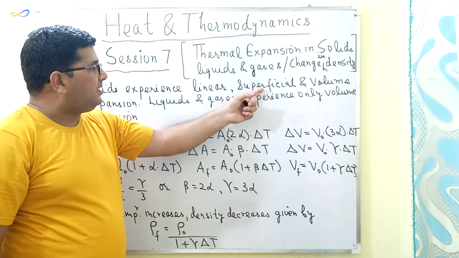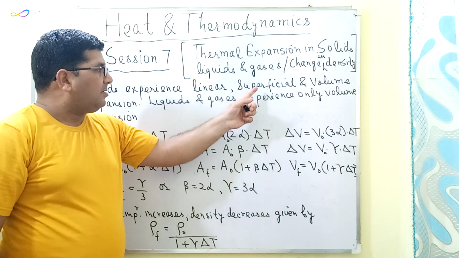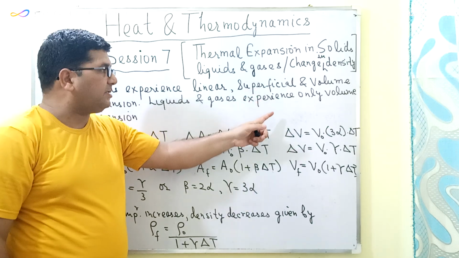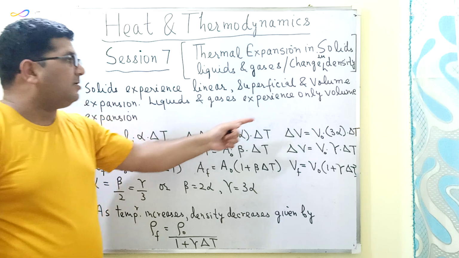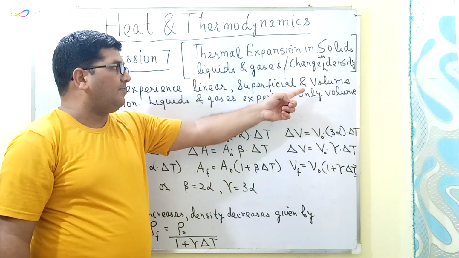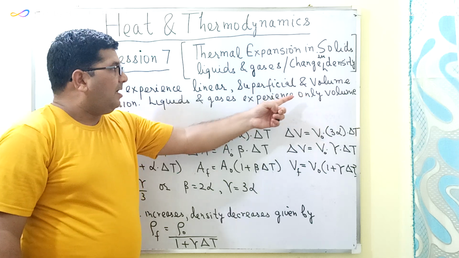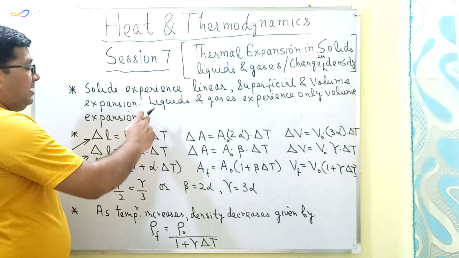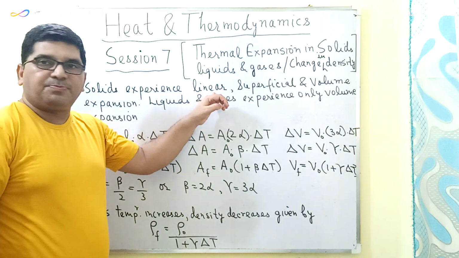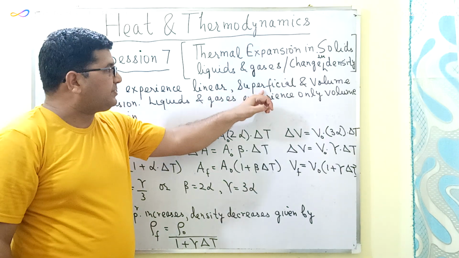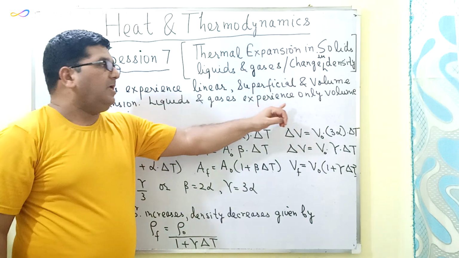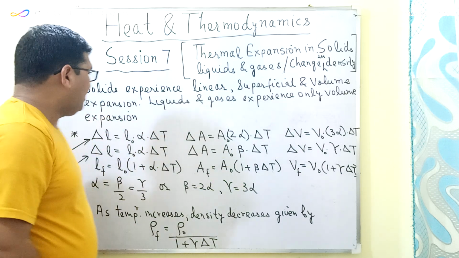Thermal expansion along two dimensions in solid objects is called superficial, areal or area expansion, and thermal expansion along the three dimensions of a substance is called volume expansion or cubical expansion. In the case of solids, we can experience linear, superficial and volume expansion, whereas in liquids and gases, only volume expansion is seen.